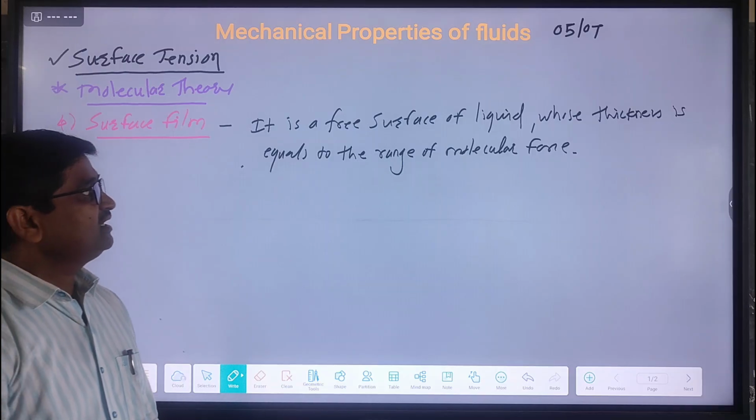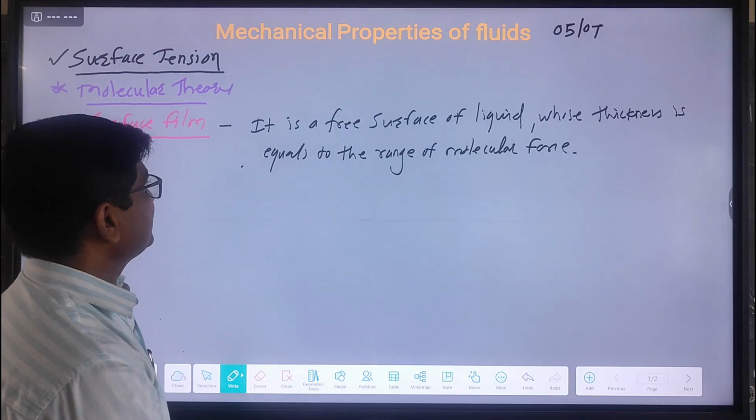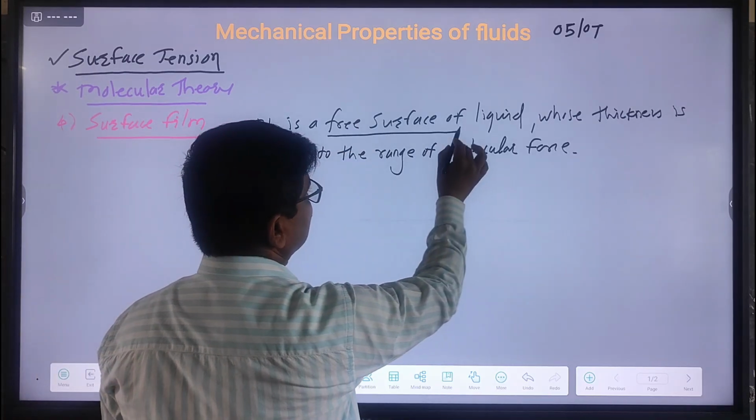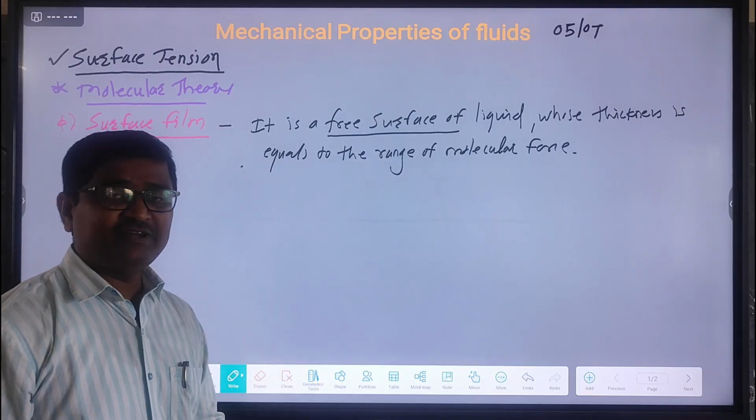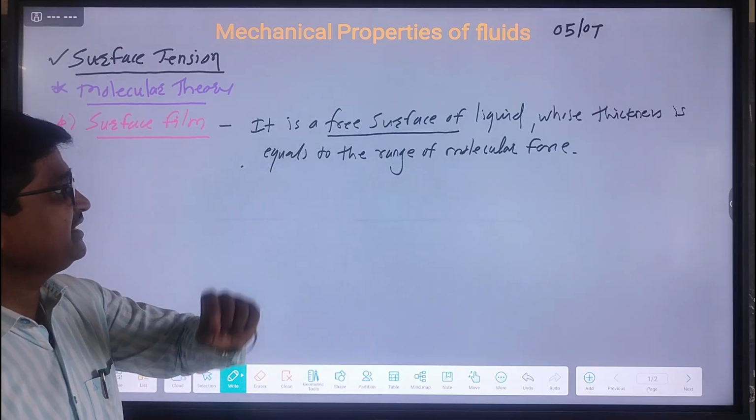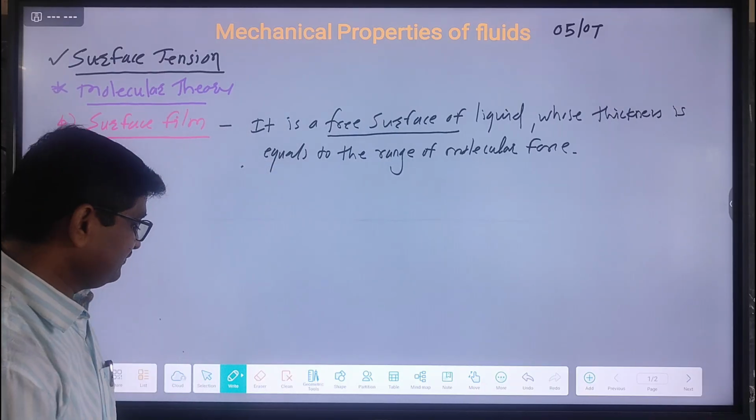Sorry, it is a free surface of liquid. What is this? It is a free surface of liquid whose thickness is equal to the range of molecular force.